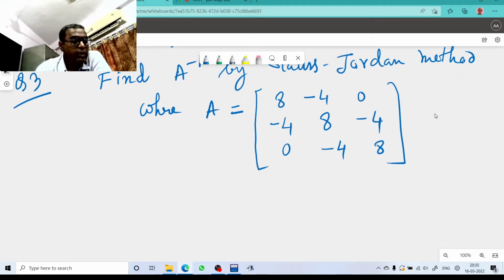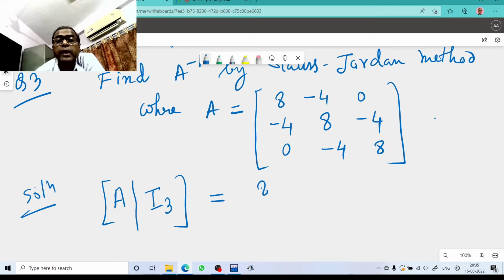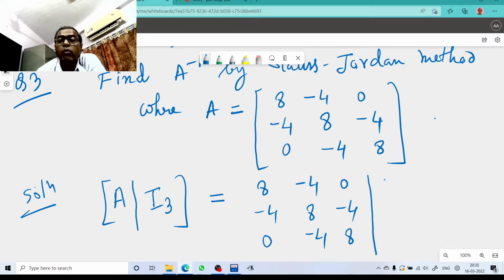For the solution of this inverse by the Gauss-Jordan method, we write this matrix A and the identity matrix of order 3, I3, in this way: 8 minus 4 0, minus 4 8 minus 4, 0 minus 4 8, and 1 0 0, 0 1 0, 0 0 1.